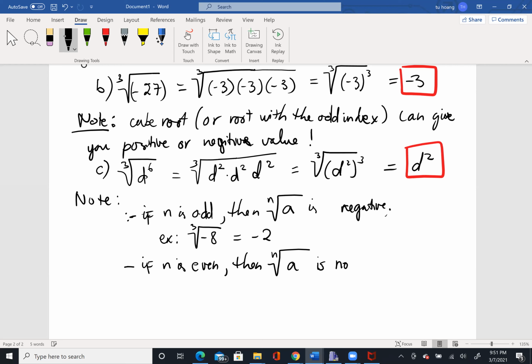Note, for a less than 0: if n is odd, then the n-th root of a is negative. And if n is even, then the root n of a is not a real number.